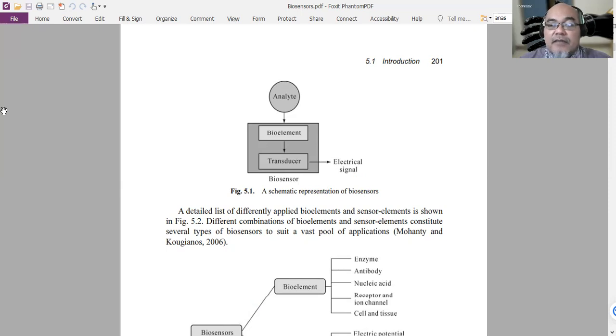For example, heat: there will be heat being either absorbed or dissipated.